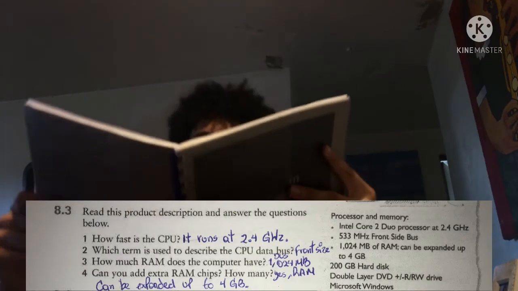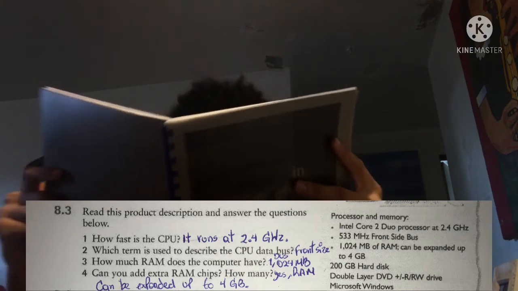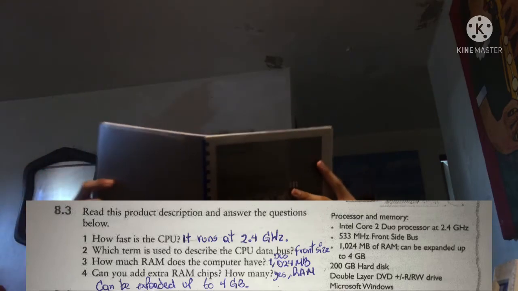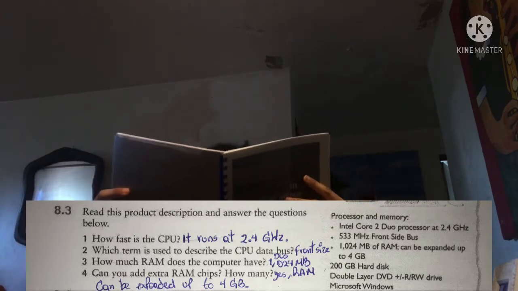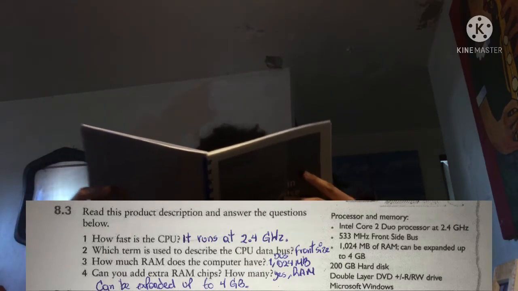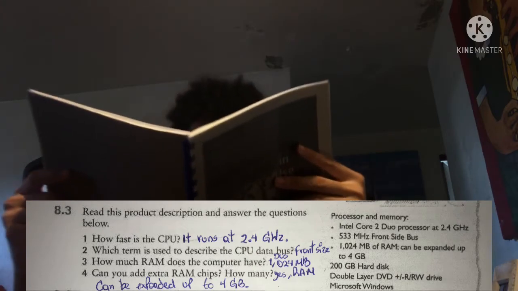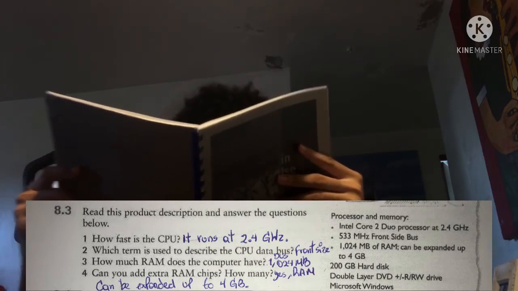Exercise 8.3. Read this product description and answer the questions below. 1. How fast is the CPU? It runs at 2.4 GHz. 2. Which term is used to describe the CPU data bus size? 3.